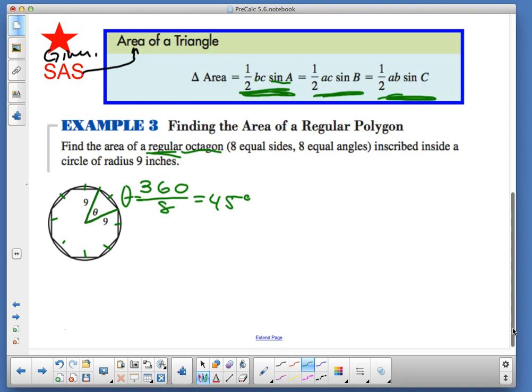If you look at this triangle, if I'm working with the angle B, it's going to require me to have the two sides that make it. So if I'm working with angle B, the two sides that make it, A and C, would have to be the things that are multiplied times the sine of that angle divided by a half. Same thing with the other two. The two sides that make the angle are multiplied together, and you multiply by a half.